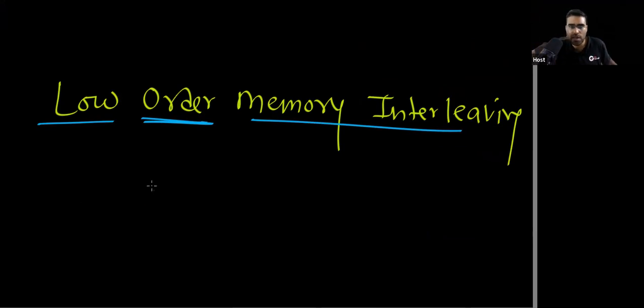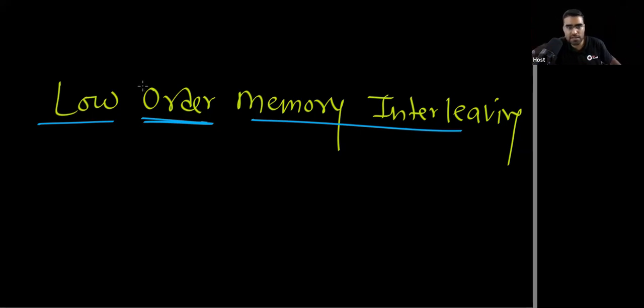Whatever implementation question comes, or they ask you in which memory module which addresses are available, for which addresses you will access which memory chip, this type of question they will ask you most of the time in the GATE exam. They will ask for which addresses you will access memory chip 1, for which addresses you will access memory chip 7. This type of questions they will ask you most of the time.